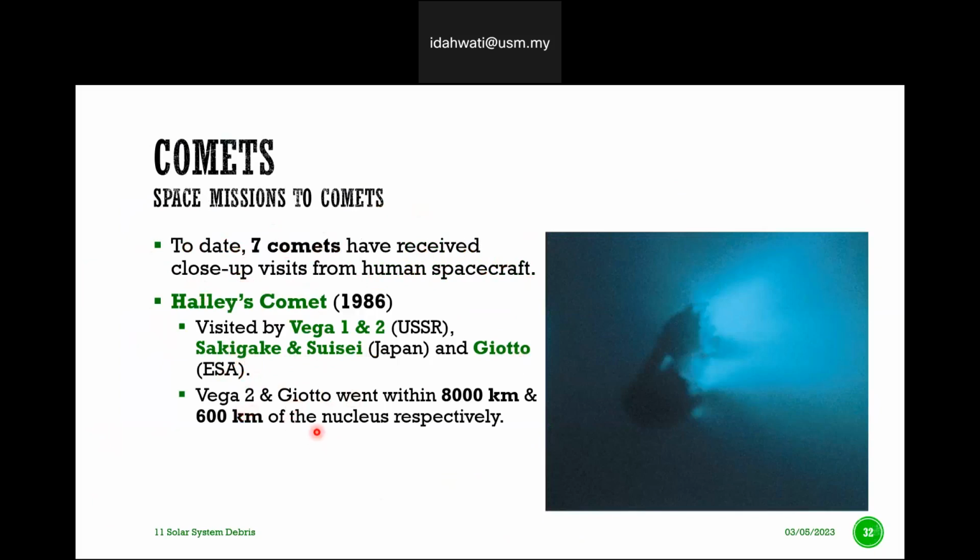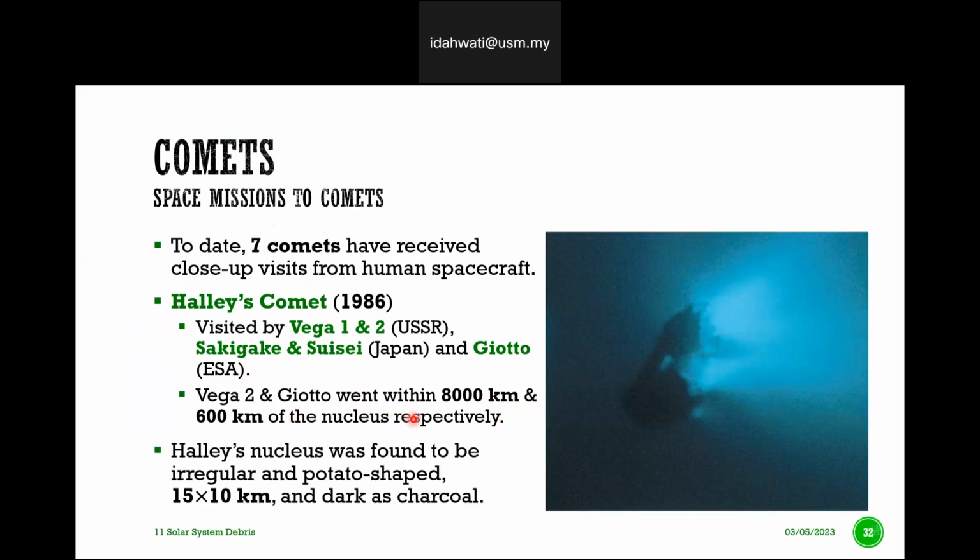They went within 8,000 kilometers and 600 kilometers of the nucleus. They found the nucleus to be irregular, potato-shaped, and dark as charcoal.